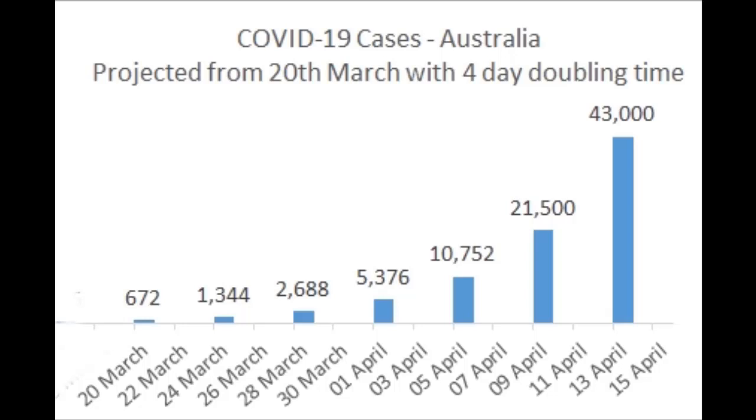We double again to the 24th of March, 1,344, 2,688 on the 28th of March, and so on. And you can see that every 4 days we get this doubling until in April we're at 43,000 cases.